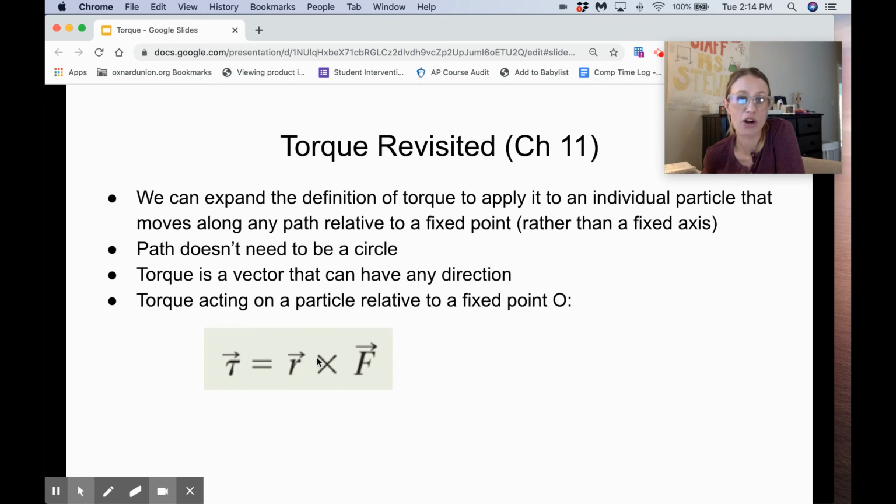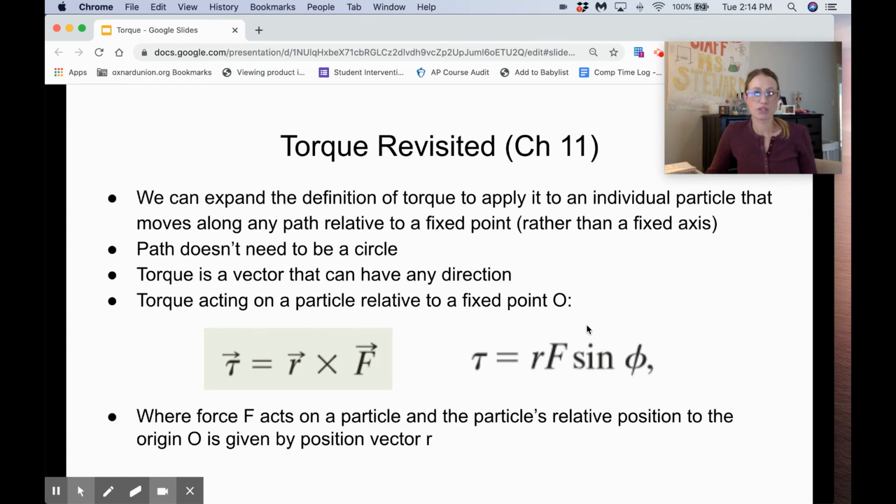So this is r cross F, not F cross r, because this has to do with the direction of the resultant vector, which is torque. And of course, another way to write this is rF sine theta. Sine theta is used because it is a cross product.